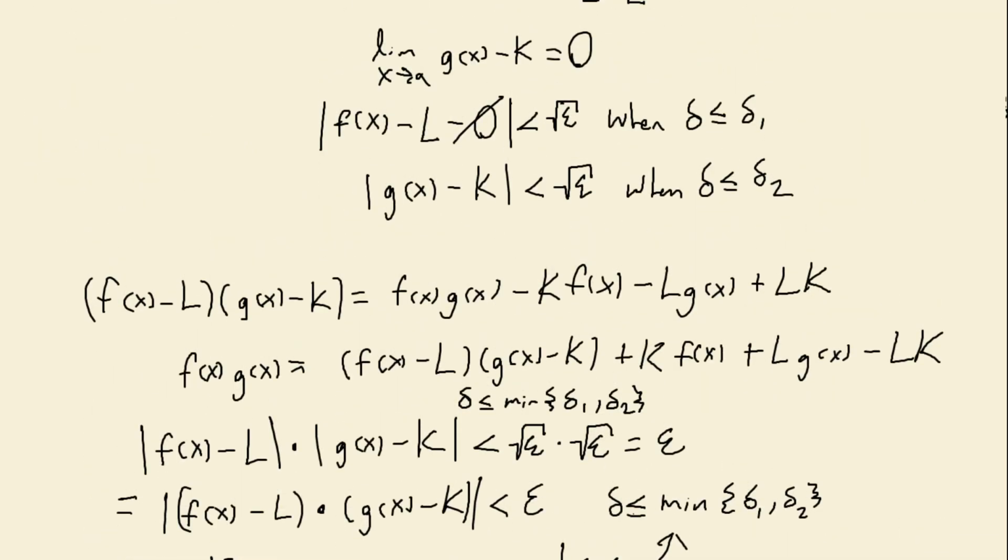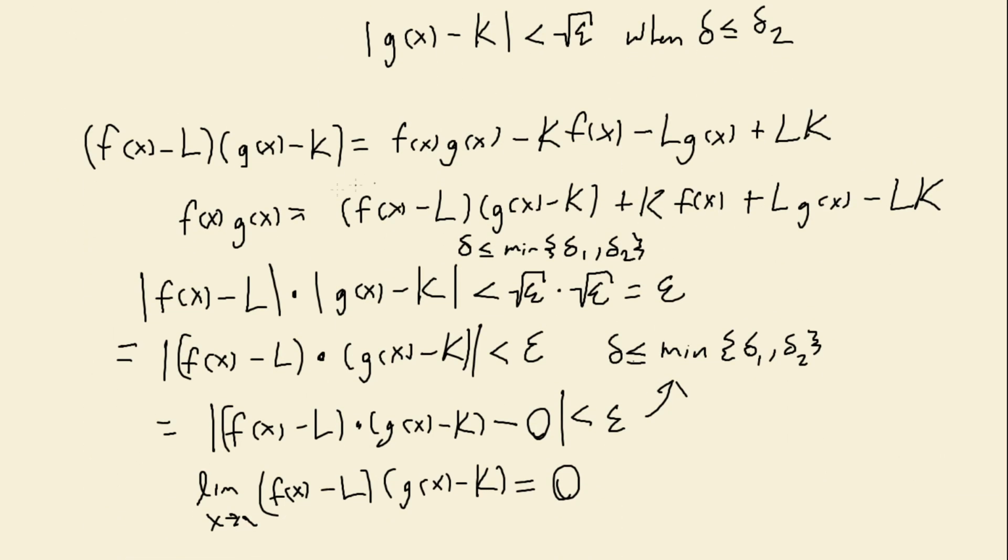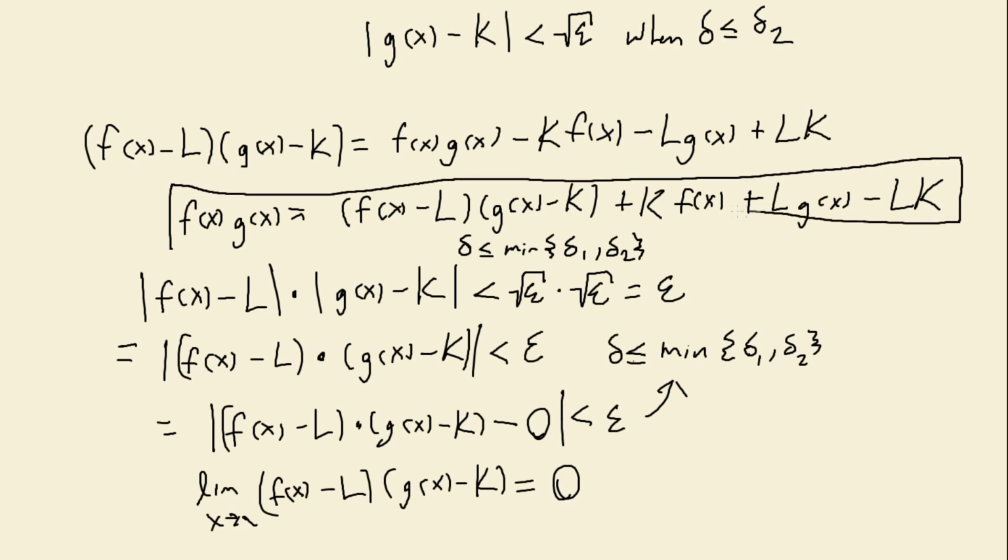Now that we've done that, we can return to our expression here, and we're finally ready to take the limit. When we take the limit of f of x times g of x, or all of this stuff over here, as x approaches a, this is going to go to 0, and then we're going to add k times the limit of f of x, which is just k times L. We're going to add L times the limit of g of x as x approaches a, which is just k.